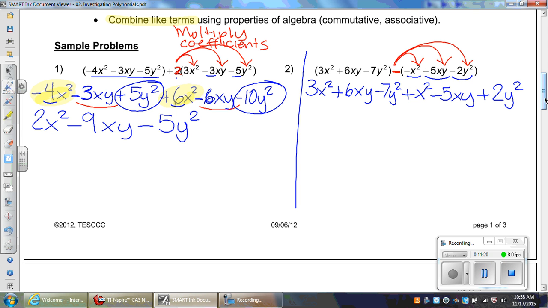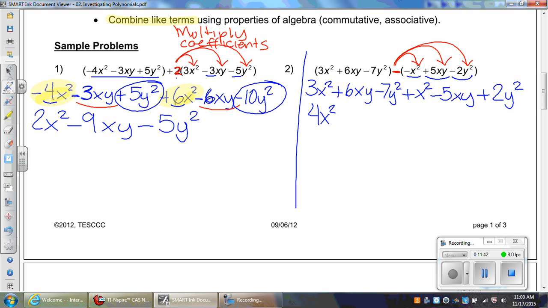So now I want you guys to combine like terms, please. All right, Julio, what do you get from combining the x squares? 4x squared, okay. Abraham, what do you get from combining the xy terms?